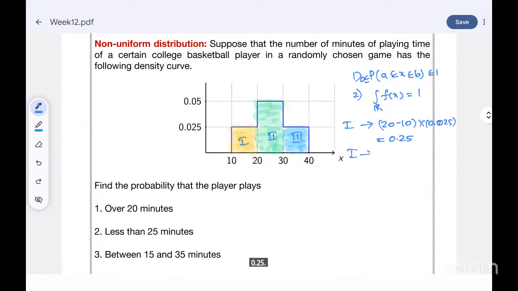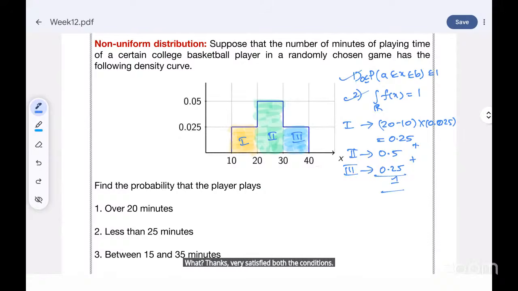What's the area of the second one? Calculate in the same way. 0.5. Third one, again the same, 0.5. So the total of all these values is 1. Right? So it satisfies both the conditions.